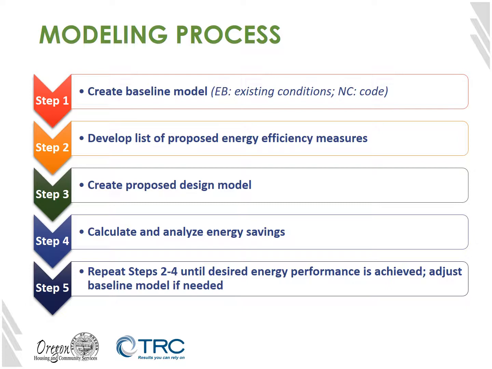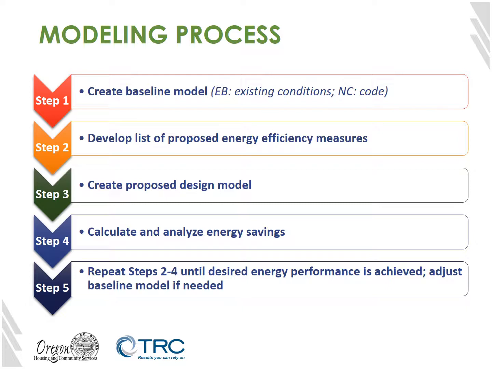In Step 4, once you have both the baseline and proposed models, you can calculate and analyze the energy savings of the project. Finally, in Step 5, it is an iterative process where you would repeat steps 2 to 4 until your desired energy performance is achieved. This might involve exploring other design options for specific energy efficiency measures and calculating the potential added energy savings when selecting more efficient equipment or materials.